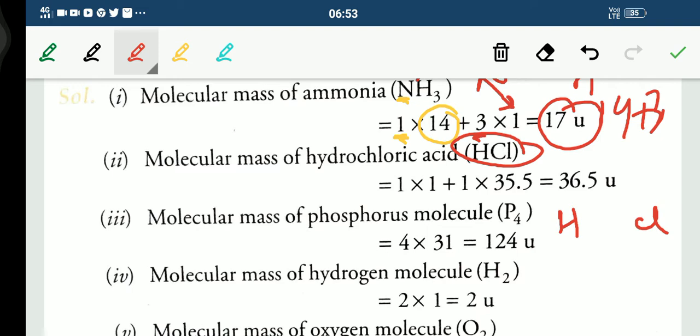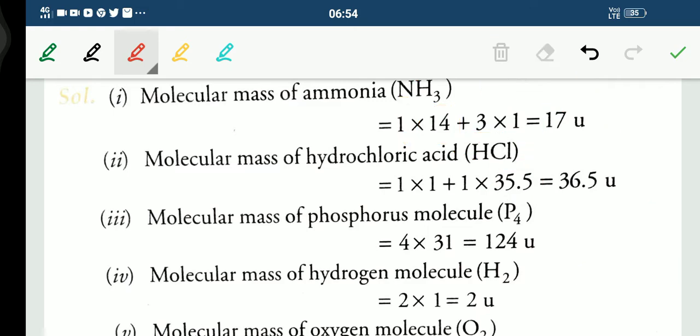Hydrogen is only 1 atom, so 1 multiplied by its atomic mass, that is again 1, plus how many atoms are there in chlorine? Only 1, so 1 multiplied by its atomic mass, that is 35.5. What would be our answer then? Our answer would be 36.5 unified mass. 1 ones are 1 plus 35.5.